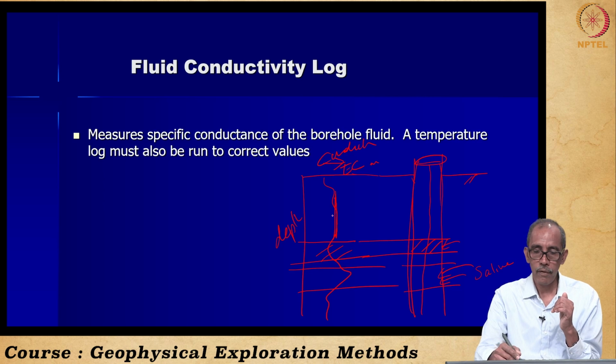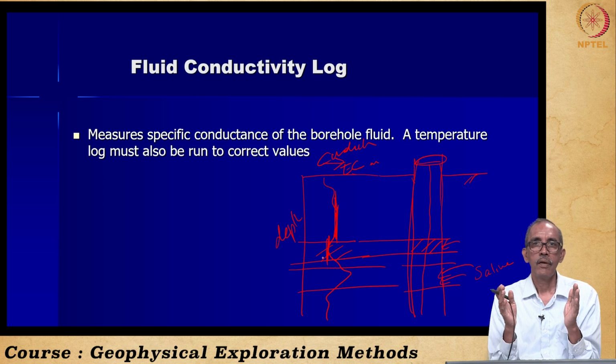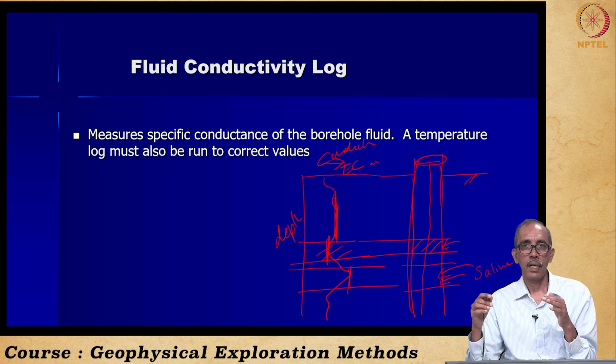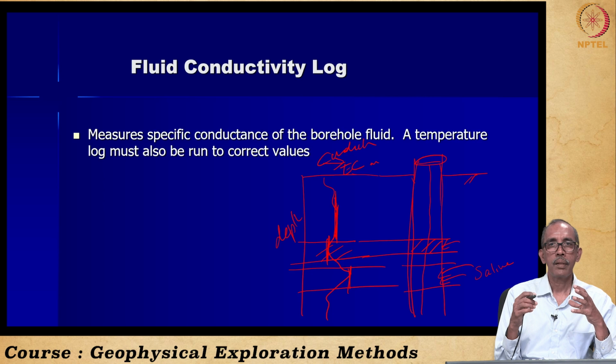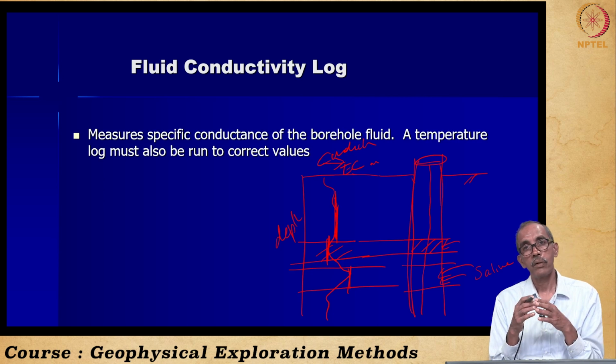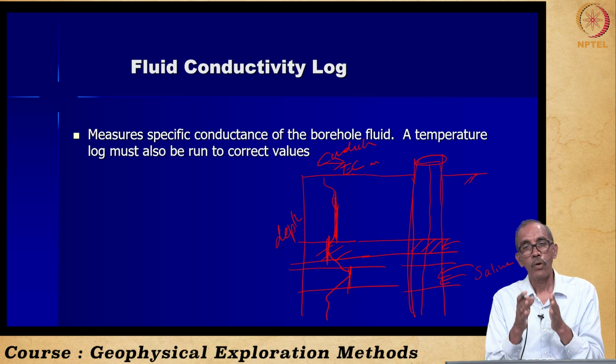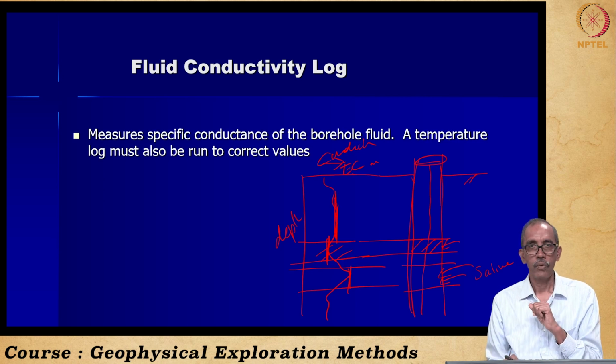If you consider this as fresh water and this as much fresher, that means salinity is very low, more or less pure drinking water, whereas here the groundwater is very much contaminated, leading to high conductivity, right? So this is how we are able to understand the interaction between the borehole fluid and the surrounding fluids.